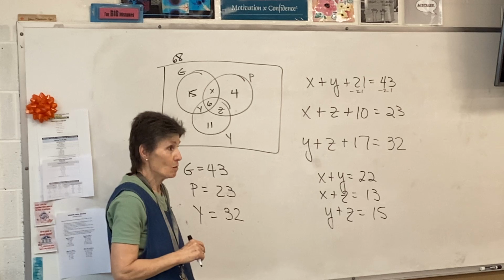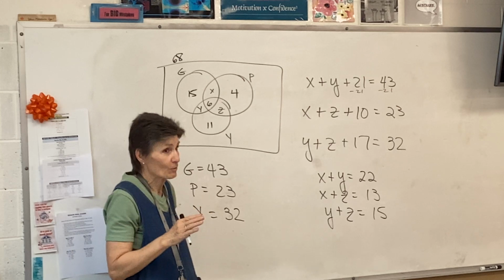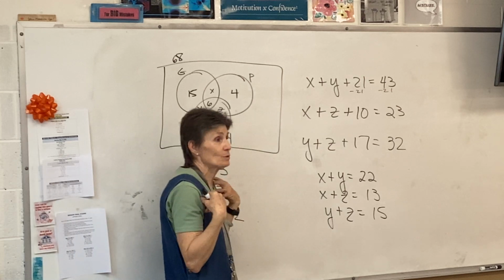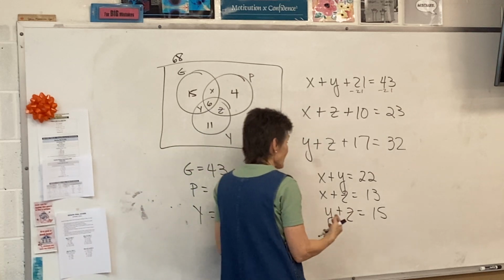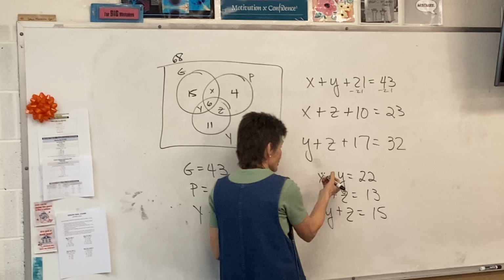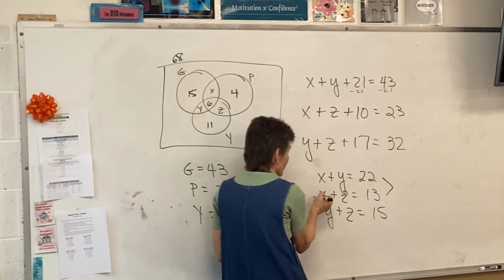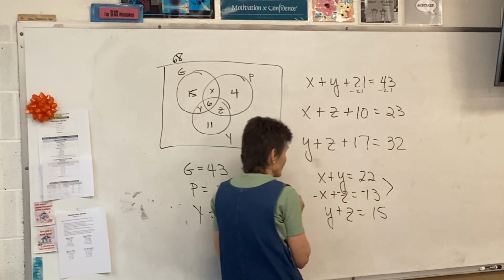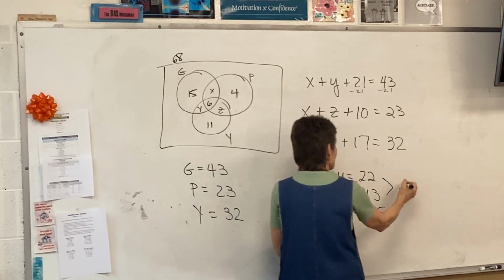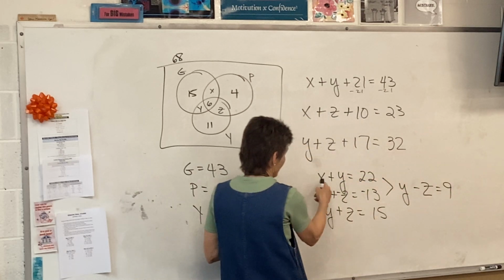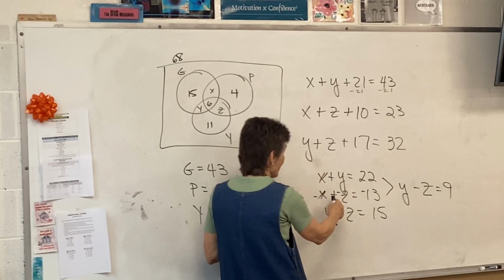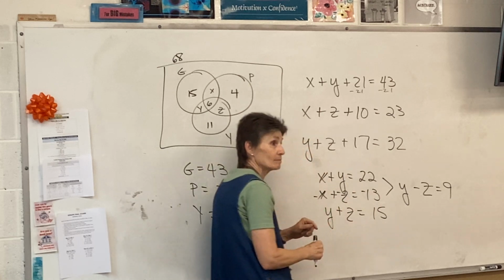Okay, so you can solve this however you want. I think I'm going to use elimination, and a real handy trick is, I'm just going to add these two together. So I'm going to multiply this one by a negative, and when I add them, I get Y minus Z equals 9. These cancel, so Y minus Z equals 9.